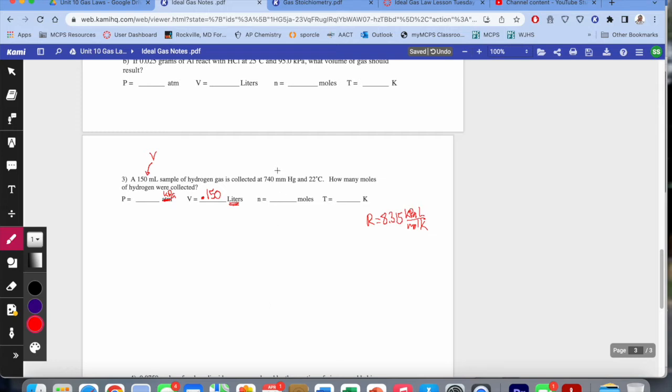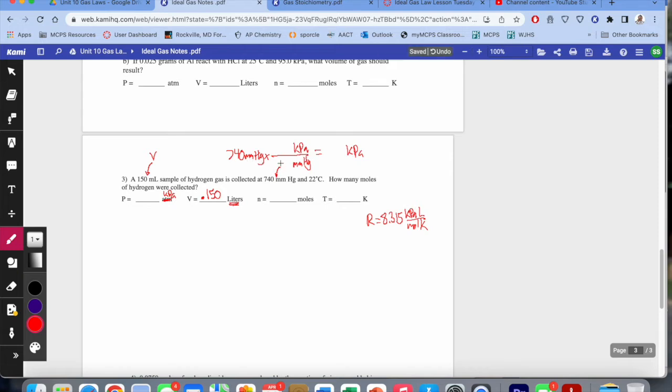Then here we have 740 millimeters of mercury. Well, I want to convert to kPa, so I'm going to remember that 740 millimeters of mercury times fraction bar, cancel millimeters of mercury, get kPa equals kPa, right?